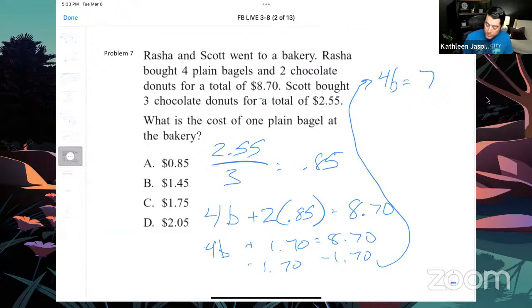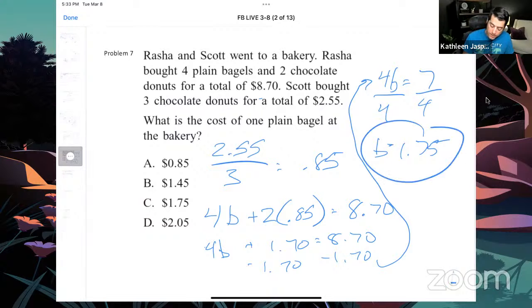So 4 bagels should cost $7. Then divide by 4, and we get each bagel is worth $1.75. And since that's what it's asking, what one plain bagel is worth, then you do C, $1.75.